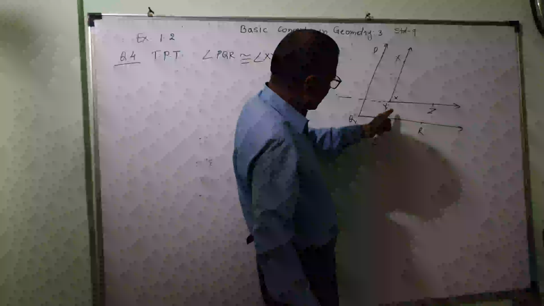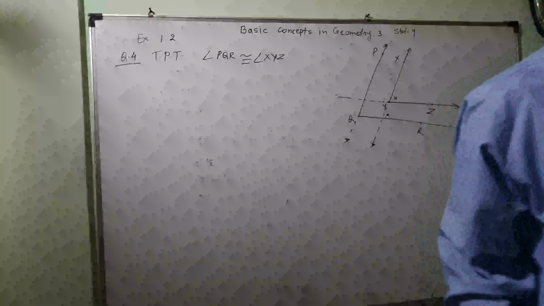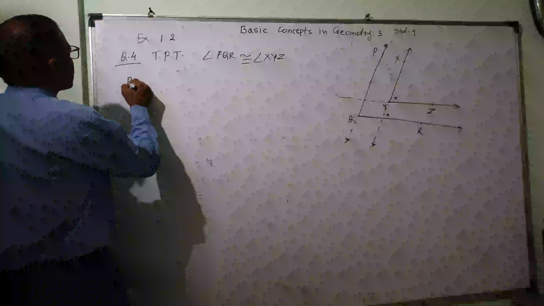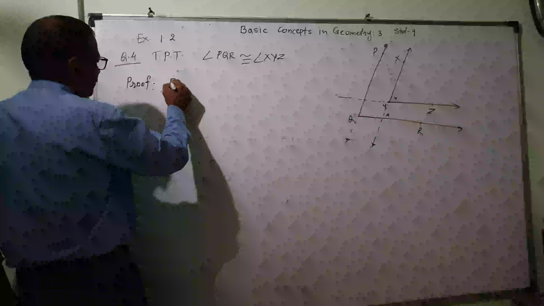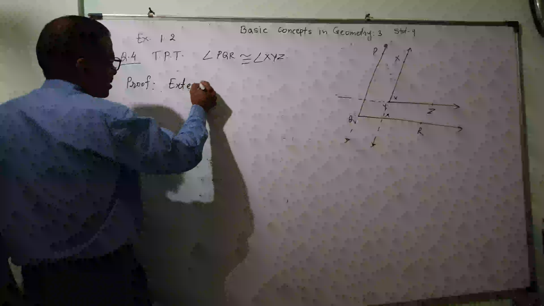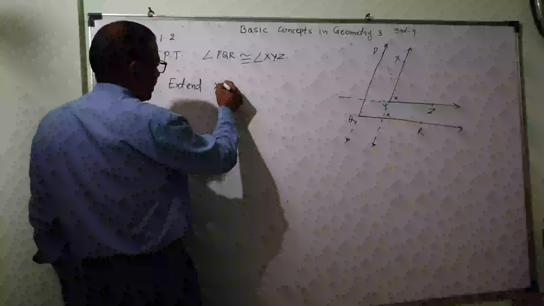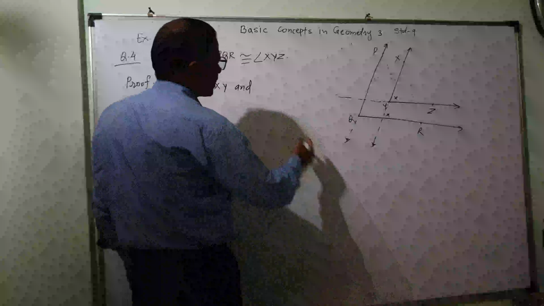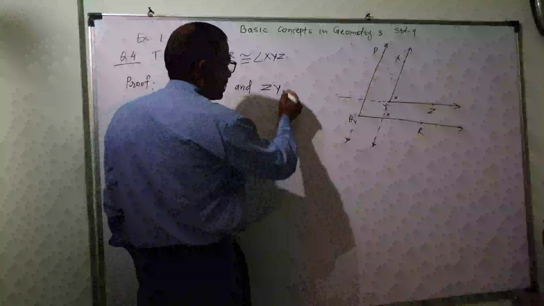So this angle and this angle are corresponding angles. Corresponding angles are congruent. So proof. Extend. This is our construction. Extend XY and another ZY, say a line.